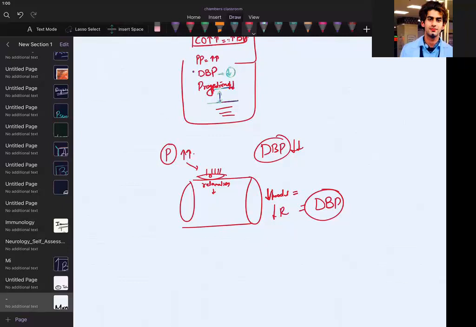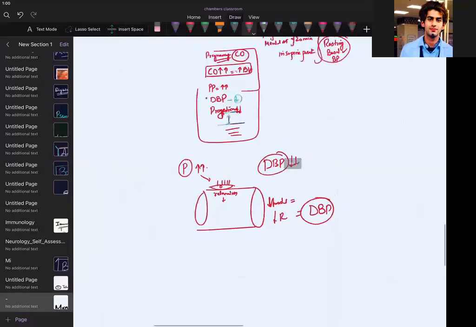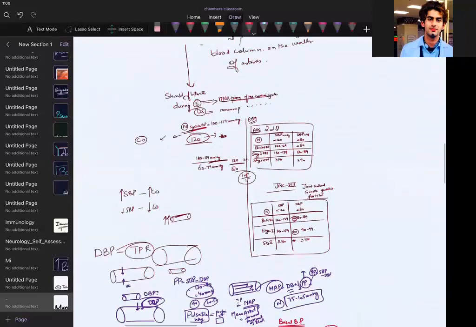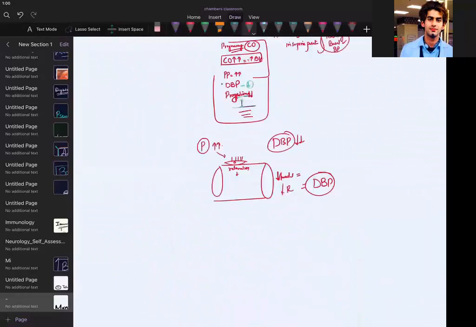Okay. Now we have to understand the regulation of blood pressure. That was the topic we had to discuss. But for that, we needed an important concept, this understanding of all these things. Then only you can understand the BP.